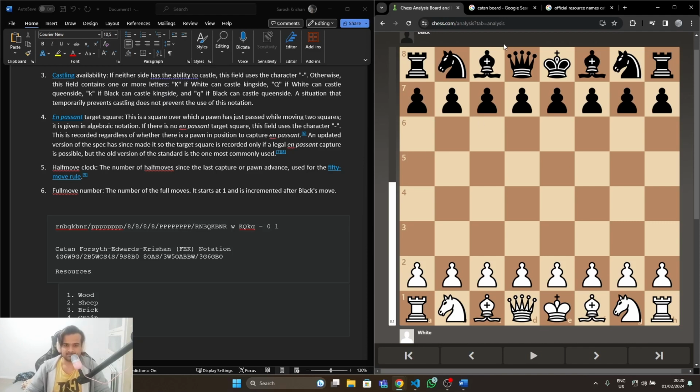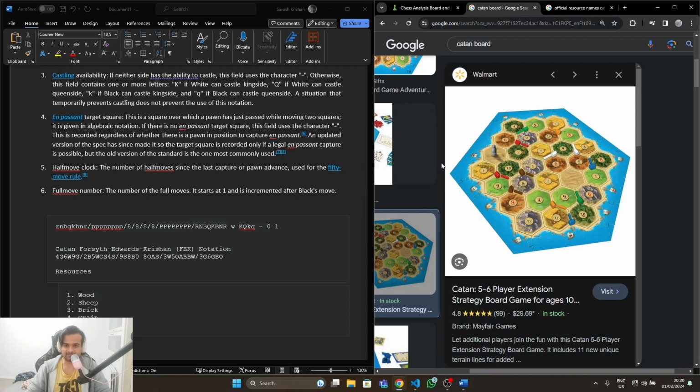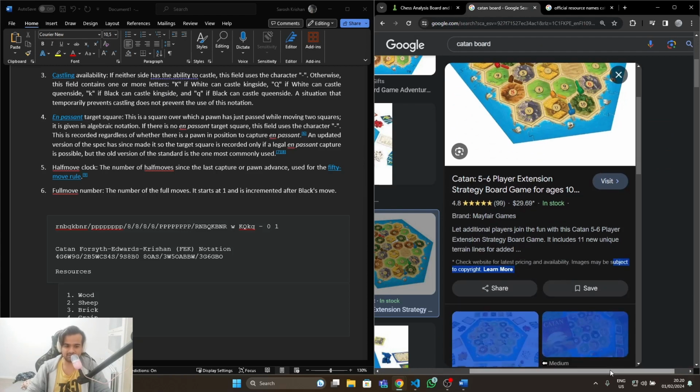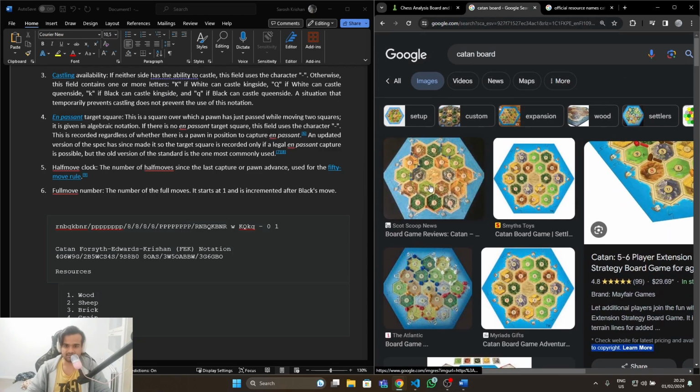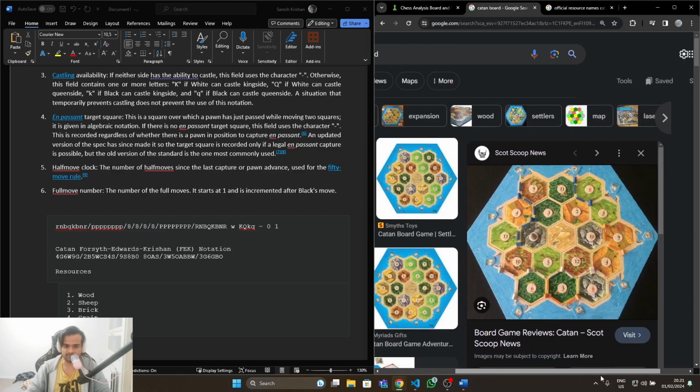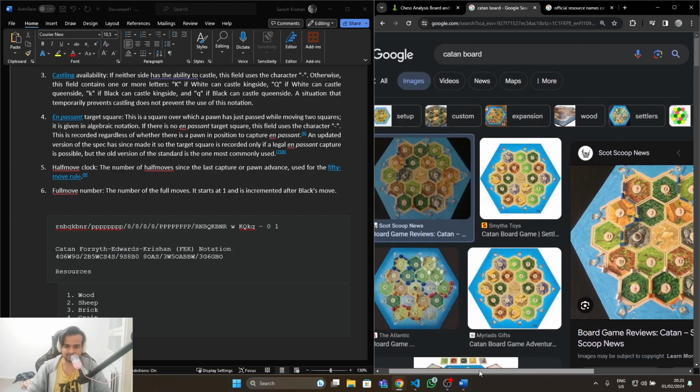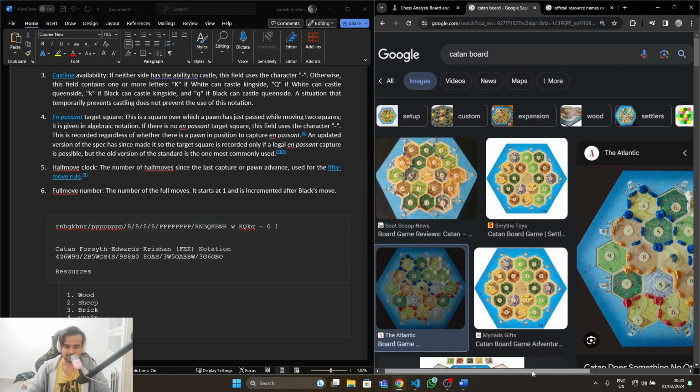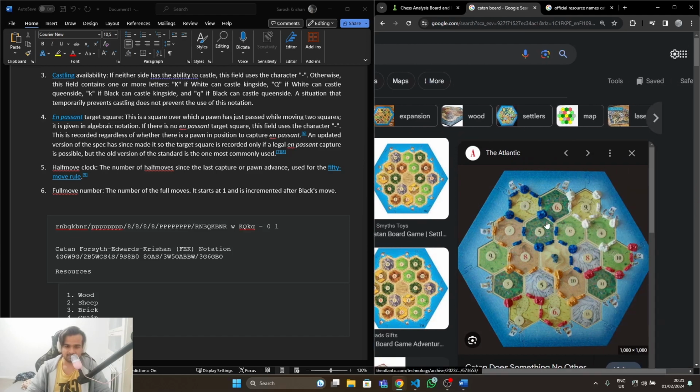So there is some form of standardization, and we're going to assume that for the Catan board as well, that the top left is always going to be a port, because that's how the right version of the board looks, with the top left having a port.